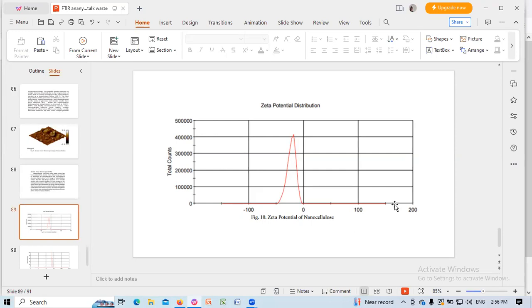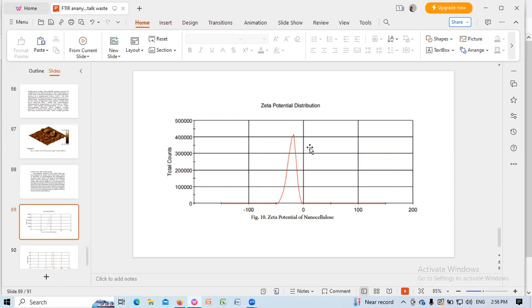According to the zeta potential, above 10 to 20 millivolt is moderate stability, lower than 10 to 20 millivolt is lower stability, above 30 millivolt is good stability, and above 60 millivolt is very good stability.